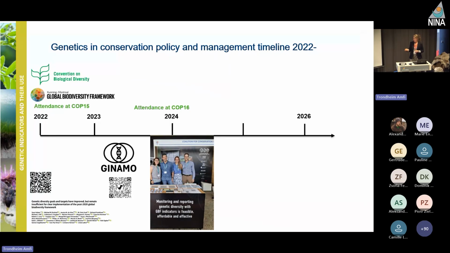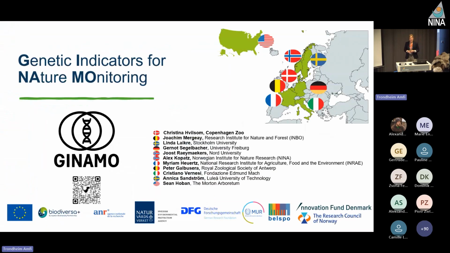So, GINEMO. There are several initiatives underway at the moment that focus on both improving the science behind the indicators, but also helping to take that to countries and making them able to not only report to the CBD, but actually use genetic diversity indicators for monitoring, restoring, conserving their biodiversity.